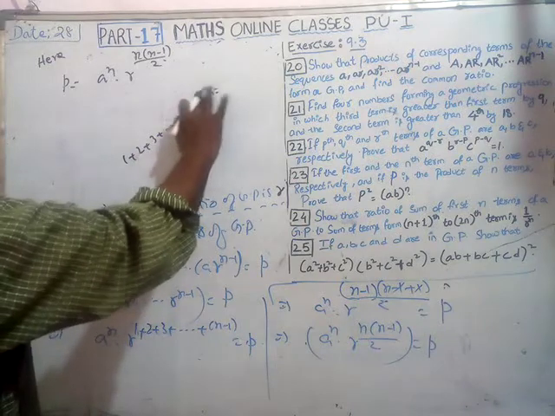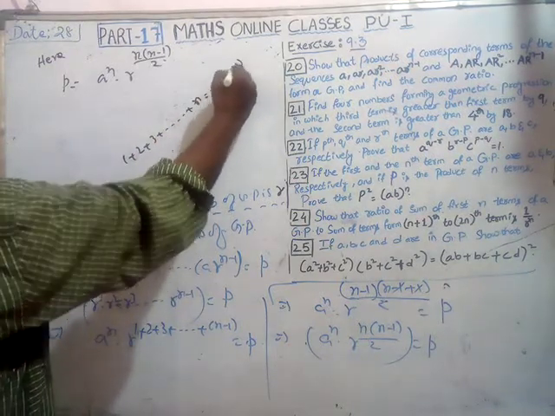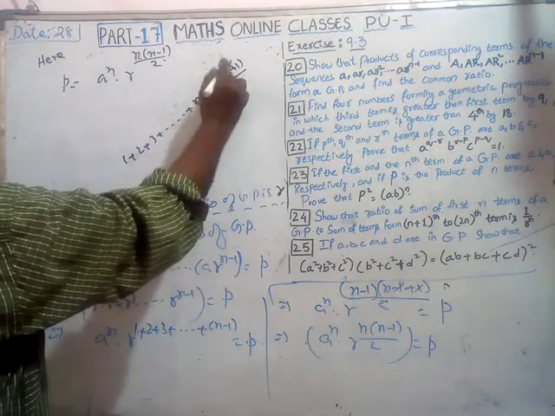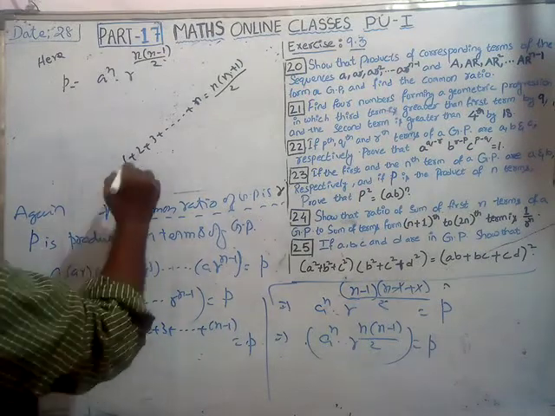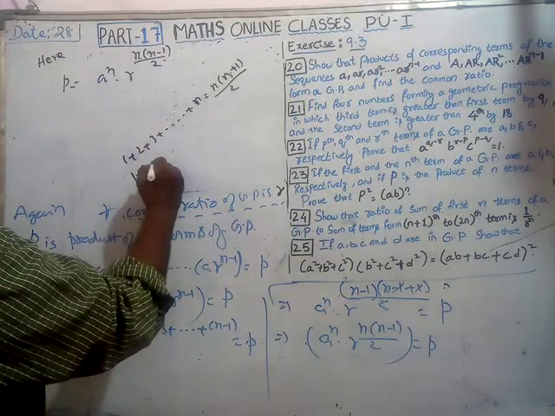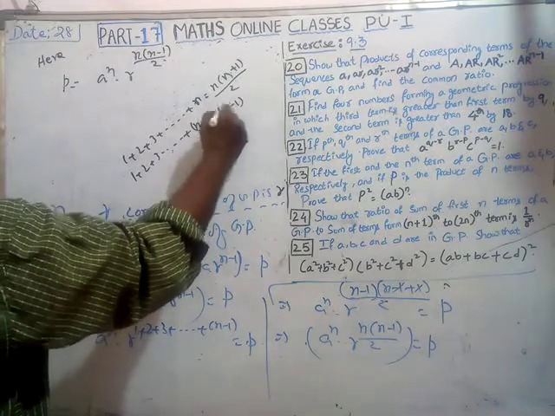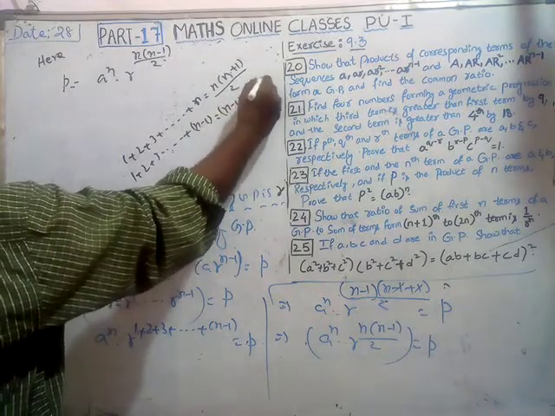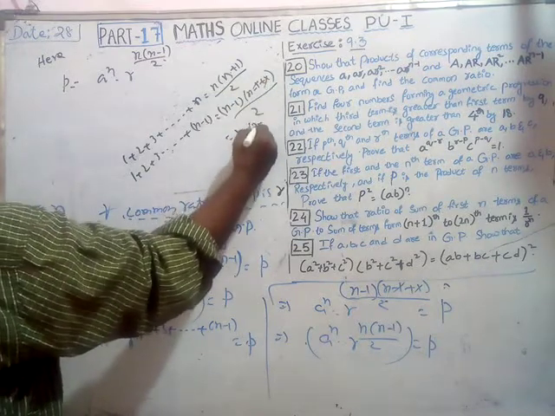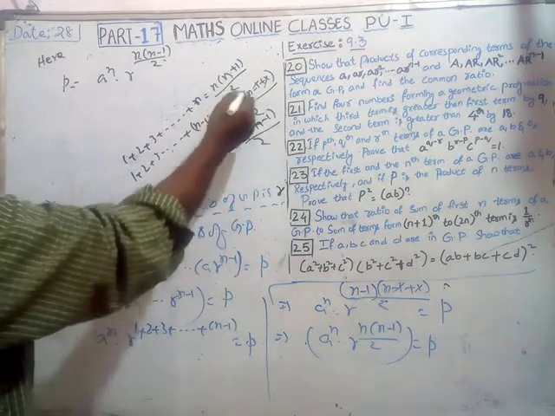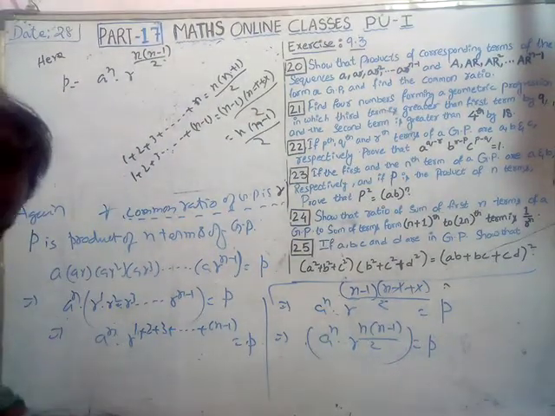If it is up to n, the formula is n of n plus 1 by 2, the sum of natural numbers. But here n minus 1 is there, so in place of n you substitute n minus 1. So n of n minus 1 by 2 will come.